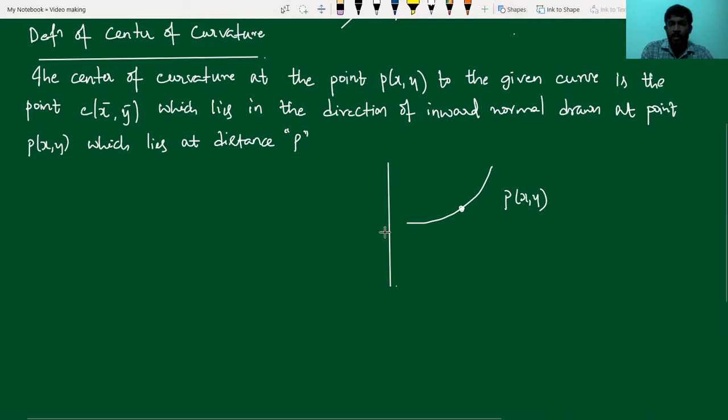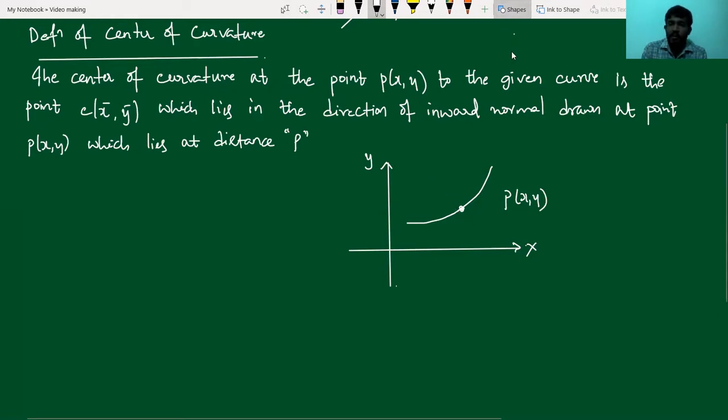For that, we consider the coordinate axis x and y. Let this be the x-axis and let this be the y-axis. Now according to the definition, the center of curvature to a given point of the curve is the coordinates x bar comma y bar that lies in the direction of inward normal drawn at the point. So we have to draw an inward normal to this point.